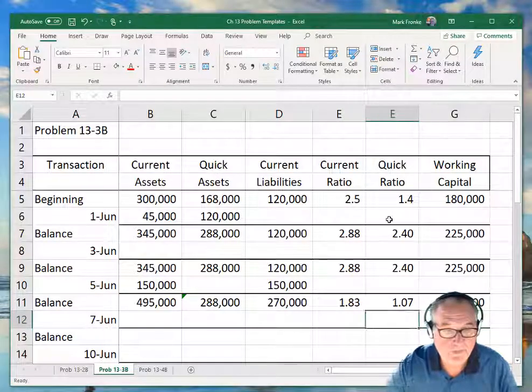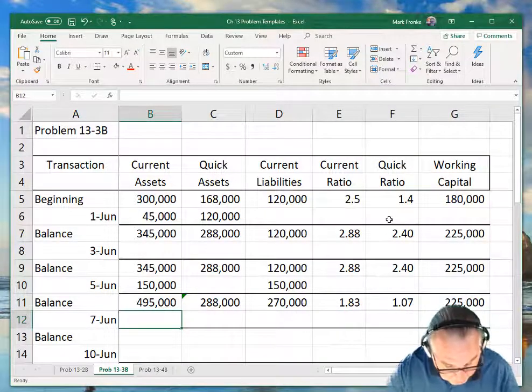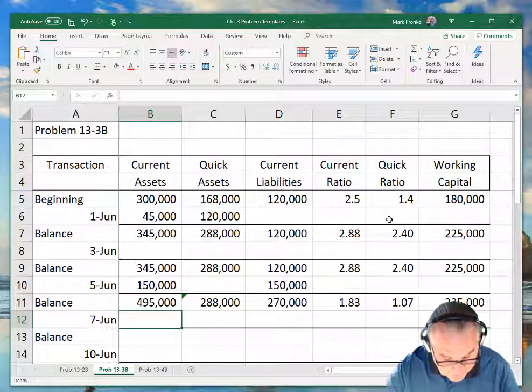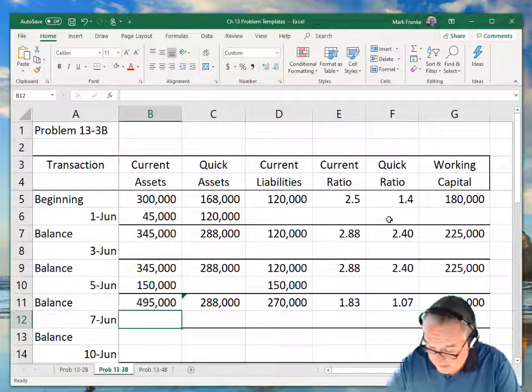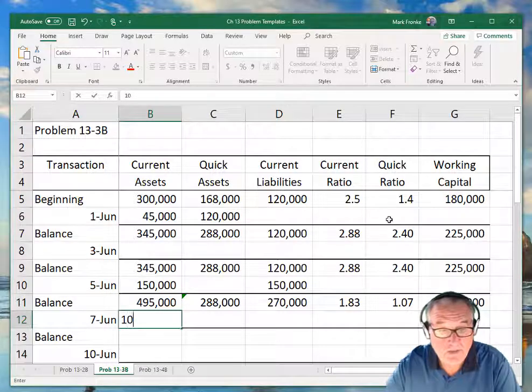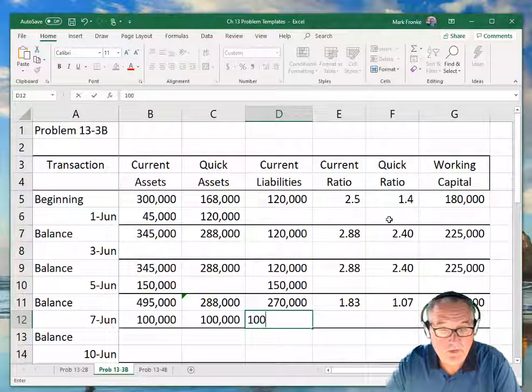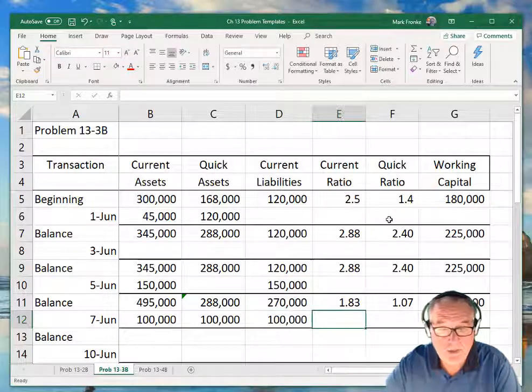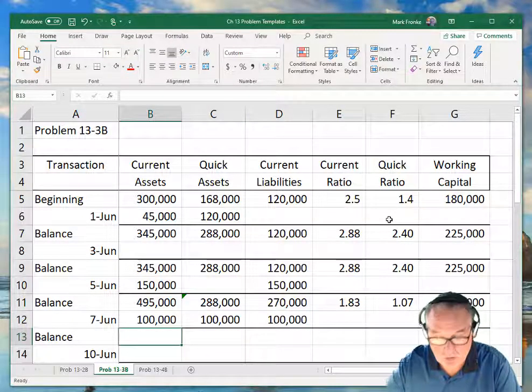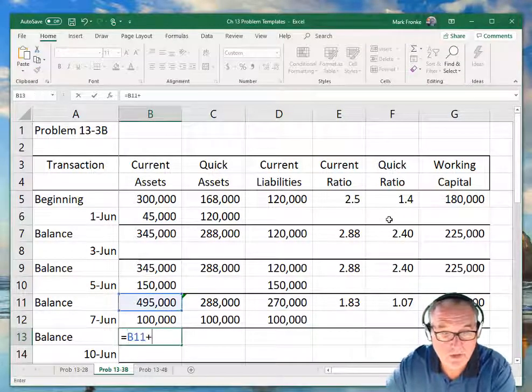June the 7th, borrowed $100,000 in cash by giving a bank 60-day 10% loan. In this case, all three, current assets, quick assets, and current liabilities go up, because the bank loan is a short-term loan, it's a current liability.